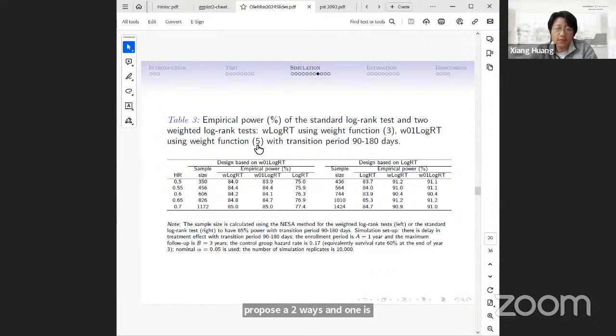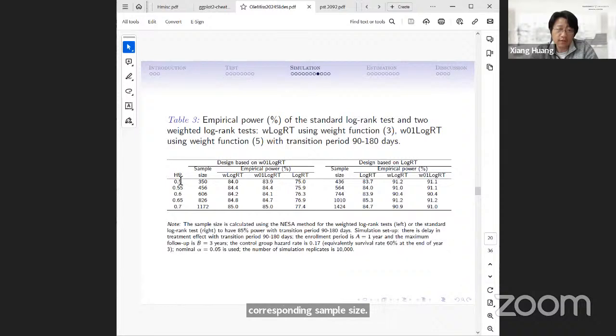They are actually pretty close. So suppose we just design the trial based on the weight function 5, which means the weight is from 0 to 1, with a truncated period. Based on that, if we want to have 85% power, we can calculate how many samples we need.